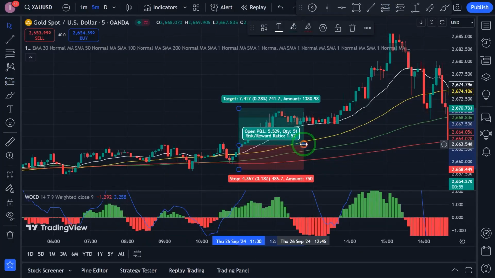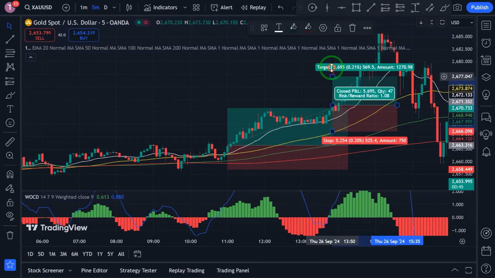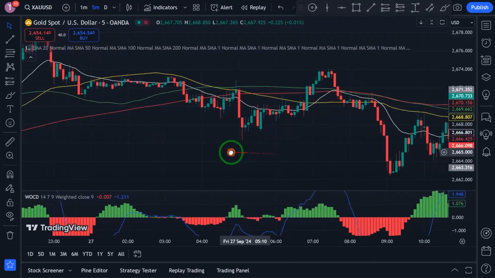And the following, you can see several examples of this strategy on different symbols to fully understand it.